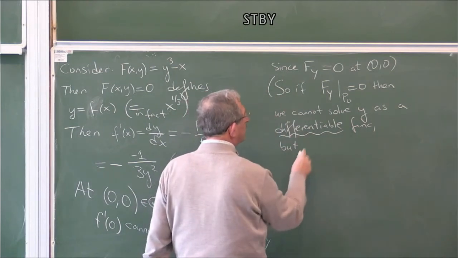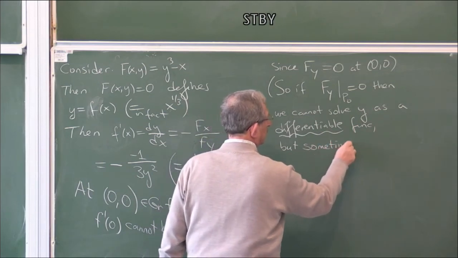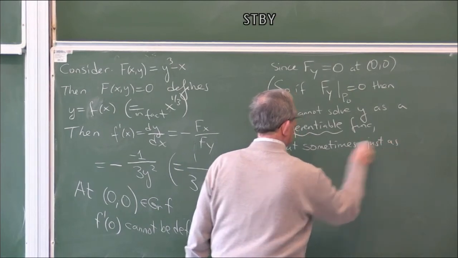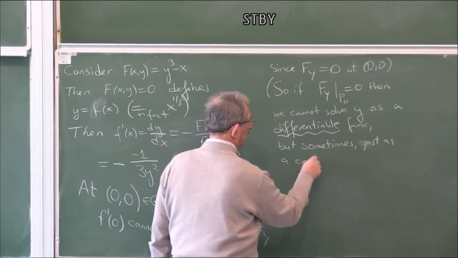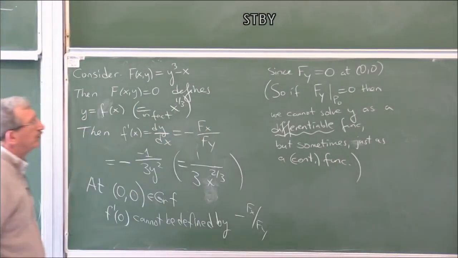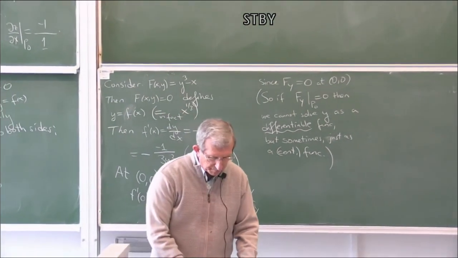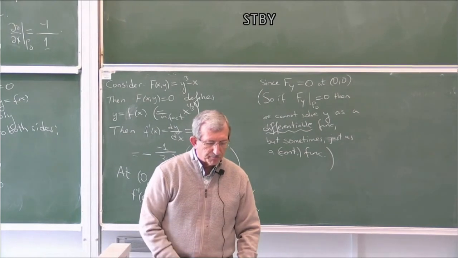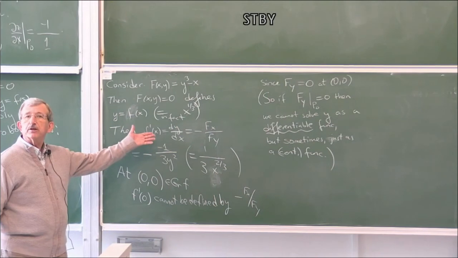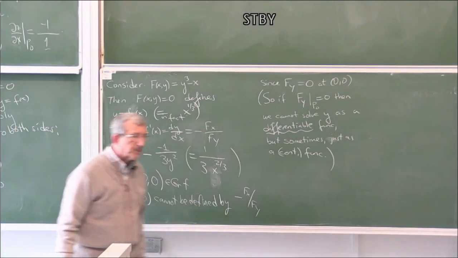But as in here, but sometimes just as a function. Okay. Even though it's possible, it will not be differentiable. Okay. So then, we can now use this formula to calculate the derivative of an implicitly defined function, because it's easy to calculate these things. Okay.